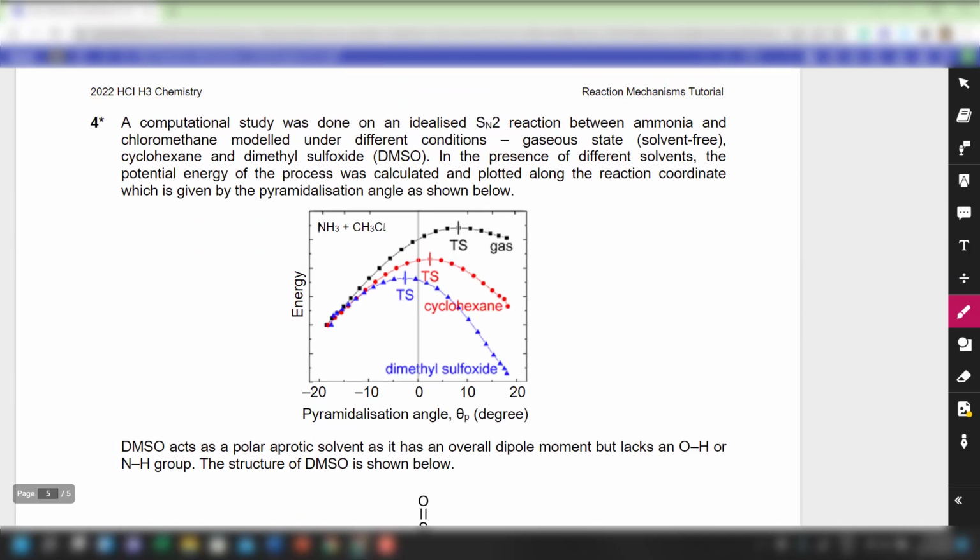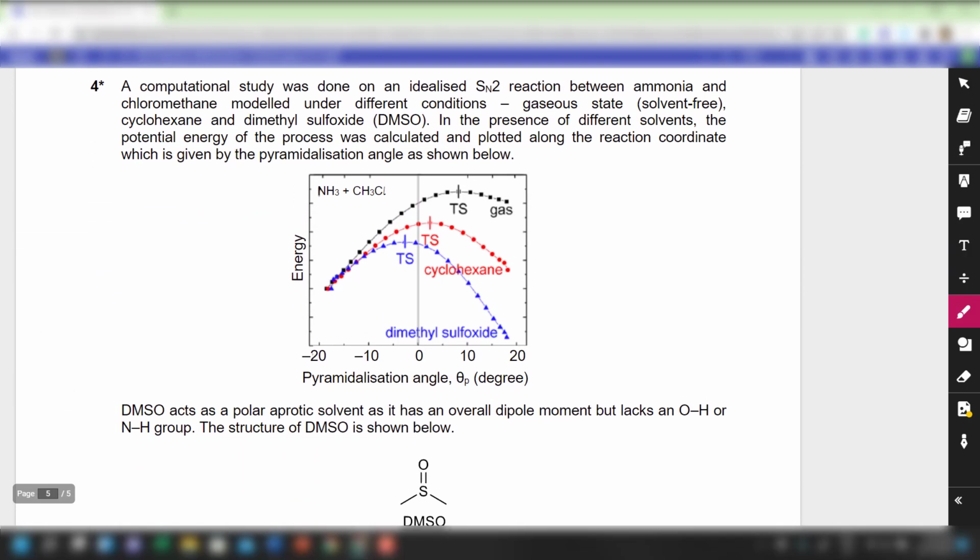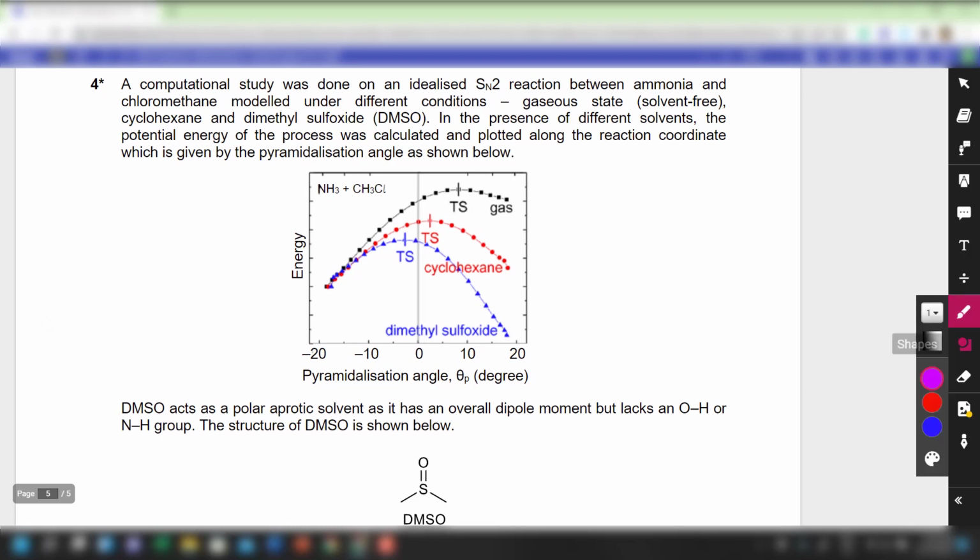Next, we'll look at question 4. Question 4 is a relatively interesting question where a computational study has been done on an idealized SN2 reaction between ammonia and chloromethane, modeled under different conditions: gaseous state, cyclohexane and DMSO.